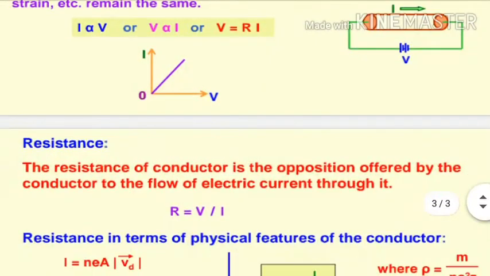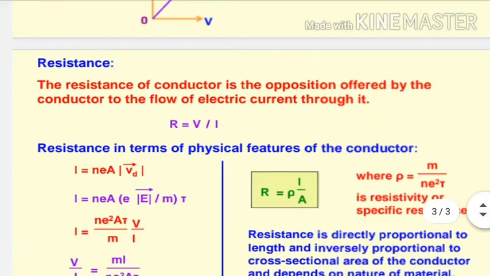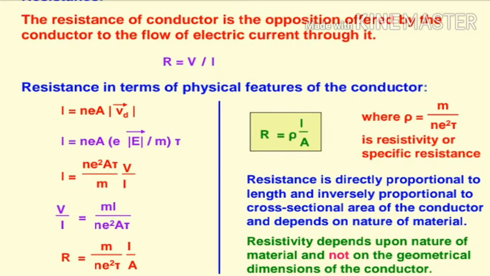Now let us define what is the resistance of a conductor. The resistance of a conductor is the opposition offered by the conductor to the flow of electric current. Let us express resistance in terms of physical features of the conductor. We know that I can be expressed as neAv_d, and the magnitude of v_d can be expressed as e multiplied by the electric field divided by m.